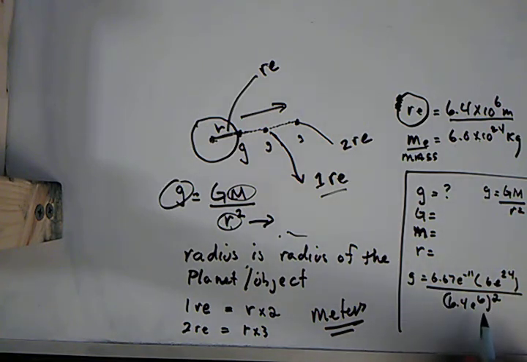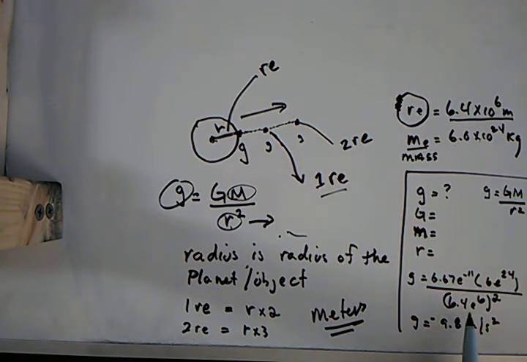Do that calculation with a calculator, and you'll be surprised that g actually ends up being 9.8 meters per second squared. We know that it acts in the downward direction, so I'll put a negative sign there. That works out pretty well.